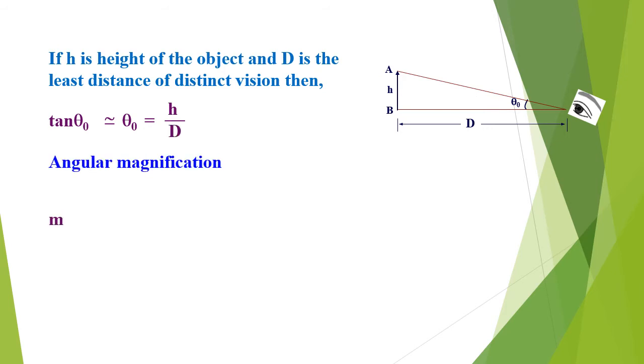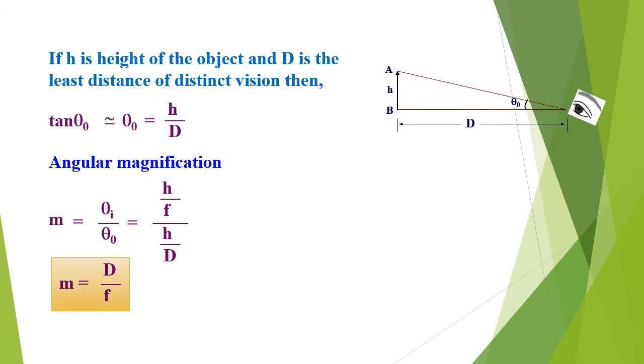Angular magnification m can be written as theta I divided by theta naught, the angle subtended by the image at the eye and the angle subtended by the object at the eye. That is equal to h divided by f, divided by h divided by d.